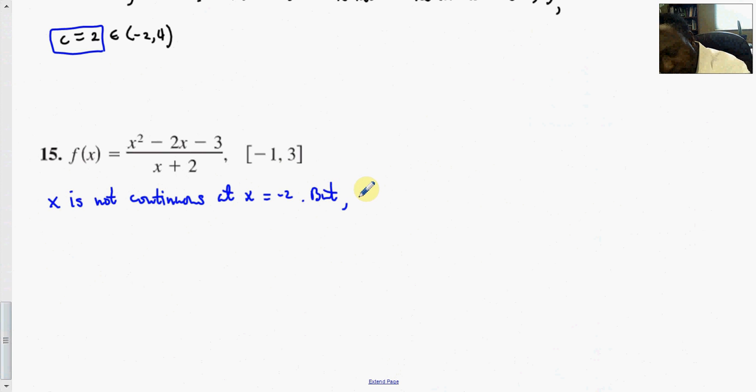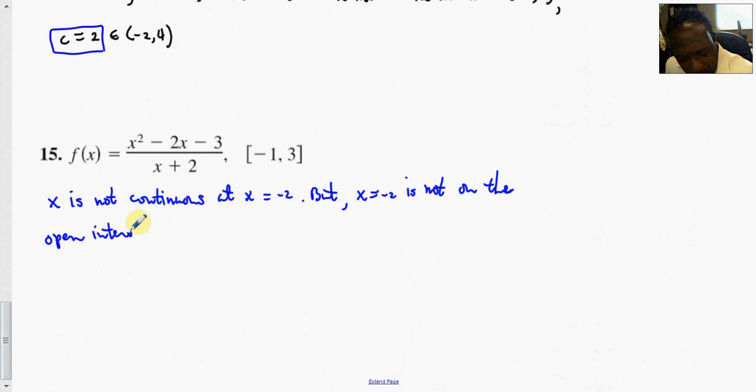It has to be on the open interval, and it's not on the open interval from -1 to 3.